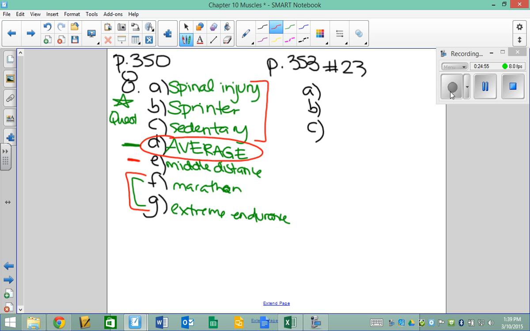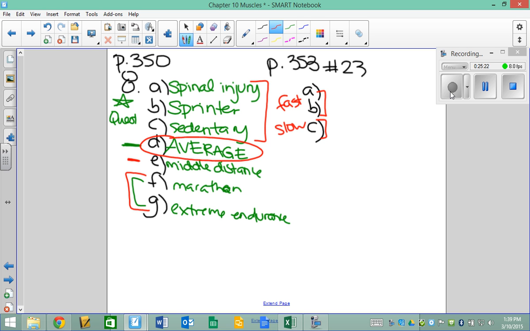So then on page 353, number 23, we're asking you the same sort of question, but now we're talking about the differences when you're comparing muscle tissue. So the idea is that A and B will probably have more fast twitch muscles, and C will probably have more slow twitch muscles. And it's asking, what will the researcher see?